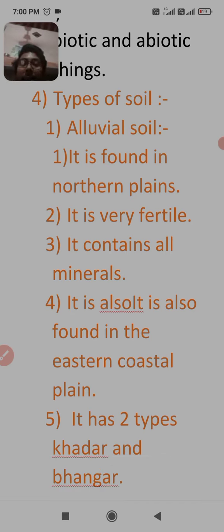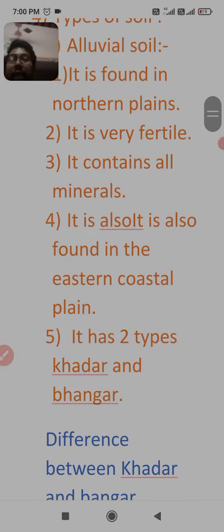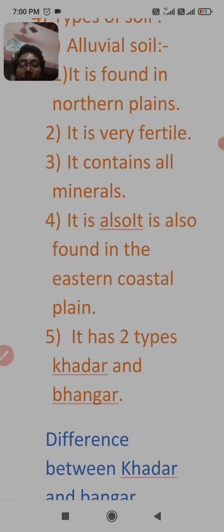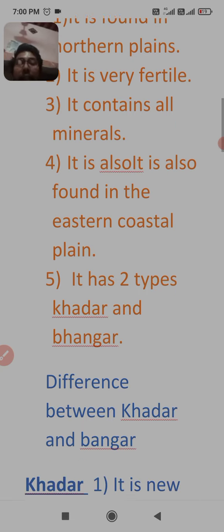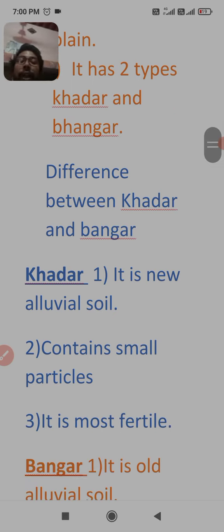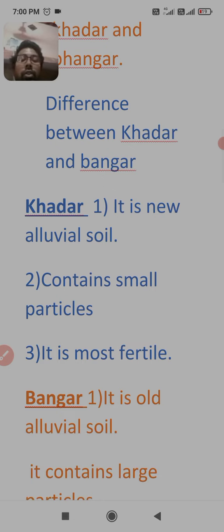Next point, it has two types, which you learnt about in 9th class: khadar and bangar. There can be a separate question in the exam: differentiate between khadar and bangar. So we are going to read this point now. Khadar is new alluvial soil and contains small particles, and the third feature is that it is most fertile.